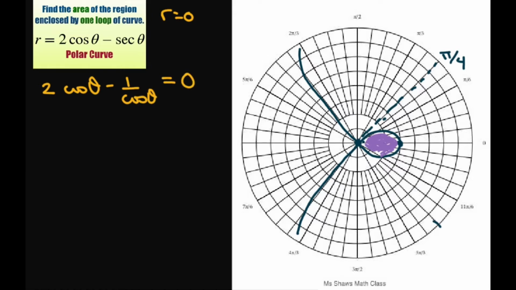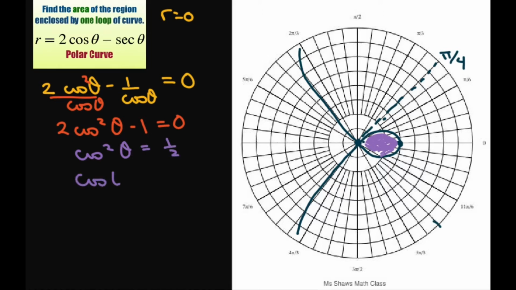Simplifying all this, because you get the common denominator and cross multiply, the denominator goes away. So this is just going to be 2 cosine squared of theta minus 1 equals 0. So basically we have cosine squared of theta equals 1/2.